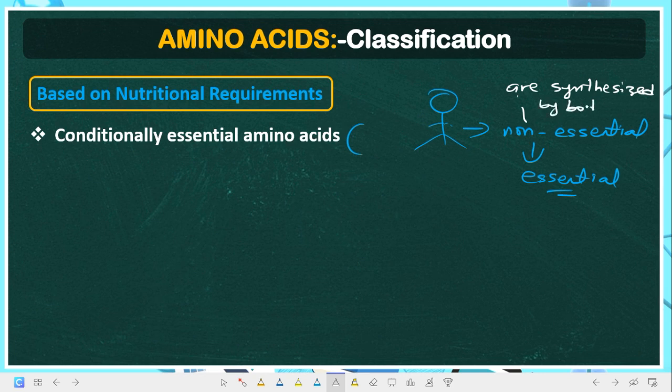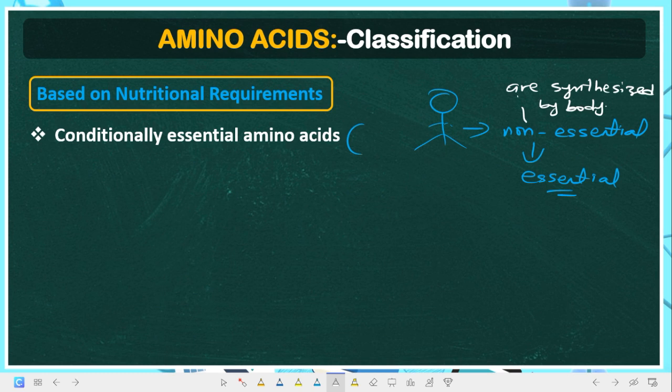Now, what do you think can make something that was synthesized in the body not to be present in the body? It is when one or more of the organs synthesizing those molecules has issues or health issues. So when an individual is suffering from certain health issues, some of the amino acids that are synthesized by the body will no longer be able to be synthesized, and hence such amino acids have to be taken in our food in order to balance up the deficiency.